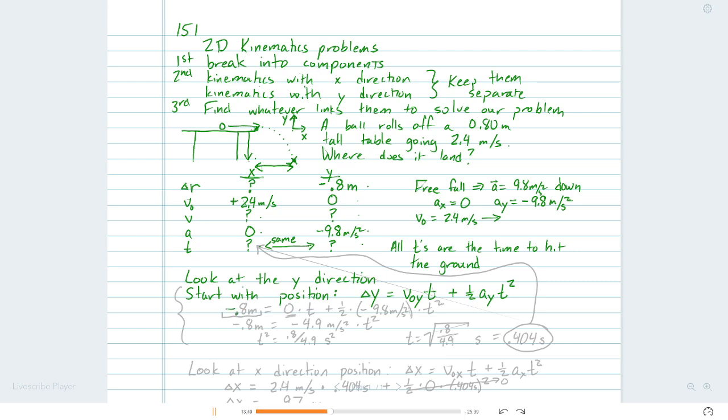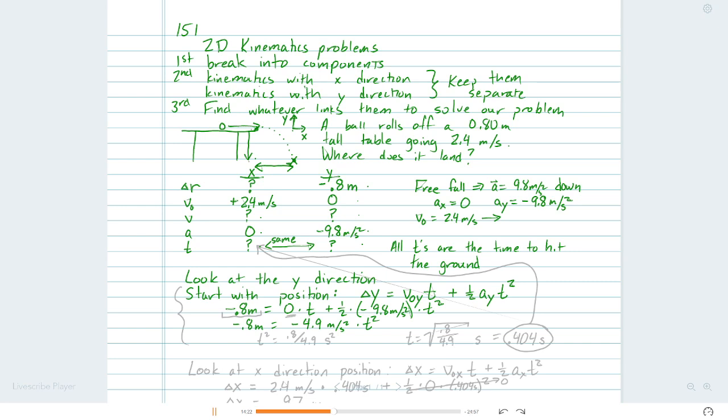Delta y, negative 0.8 meters, equals v naught y, 0, times t, plus 1/2 times ay, negative 9.8 meters per second squared, times t squared. So 0 times t gives me nothing. So I have negative 0.8 meters is nothing, plus half of negative 9.8 gives me negative 4.9 meters per second squared, times t squared.